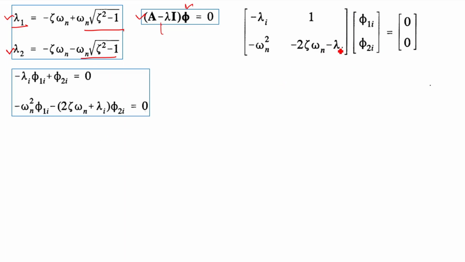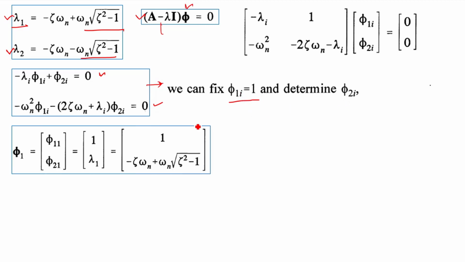From this we'll get two separate equations, and they're in fact not independent equations. Therefore we need to assume a particular value for phi 1i or phi 2i. If we assume one value, we can find the second value, right? So let us fix phi 1i as 1, and then we can determine phi 2i.